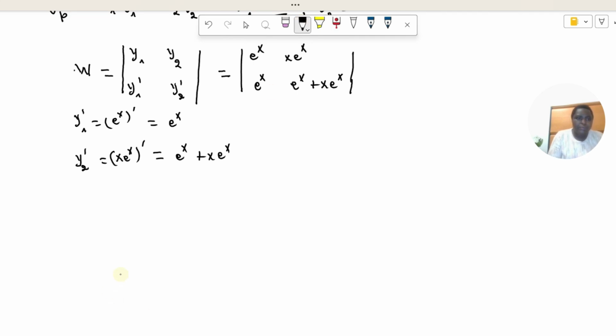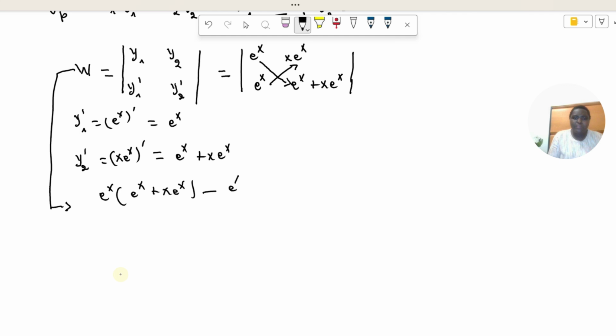This our W becomes what? It will become e power x times, we take this multiplied by this and this and this. So e power x times e power x plus x e power x, minus e power x times x e power x.